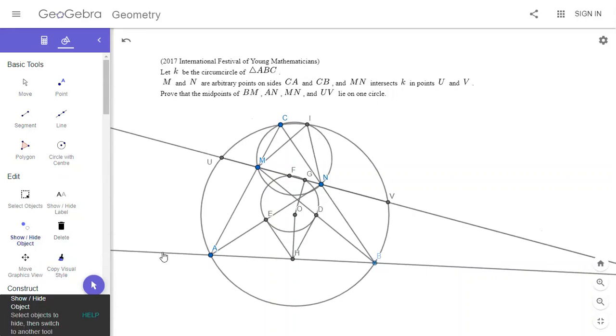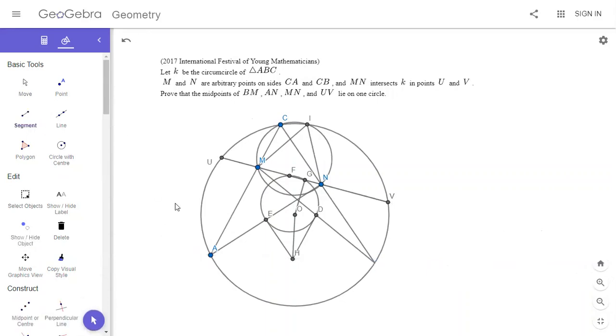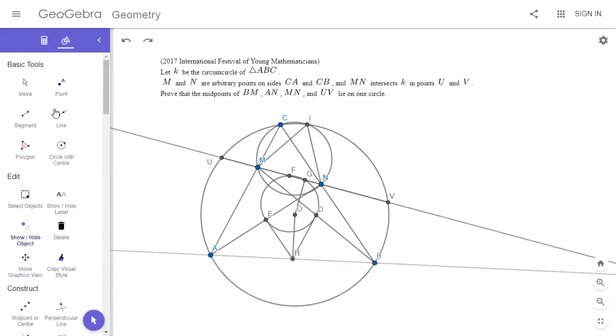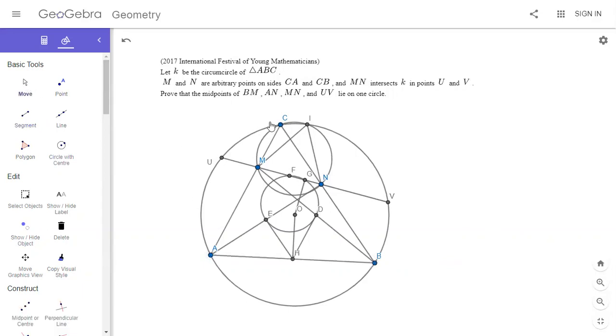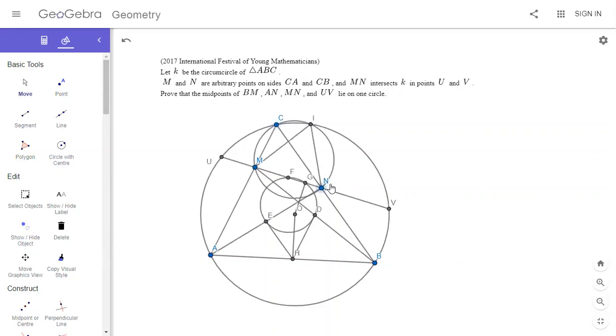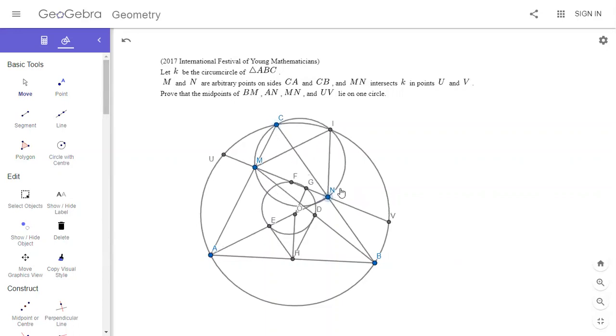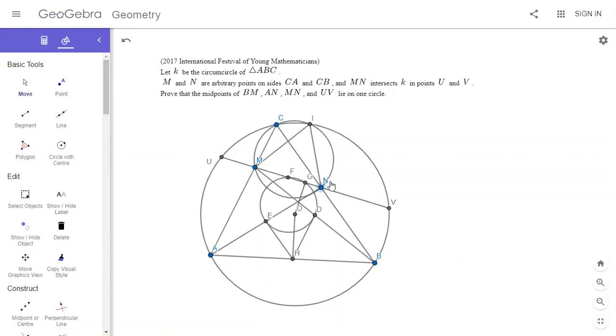Let me hide some stuff. Maybe I'll draw this in later, but. All right. So how are we going to show that that's cyclic?